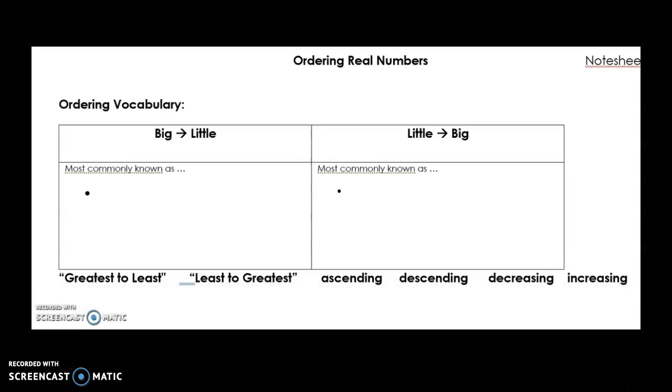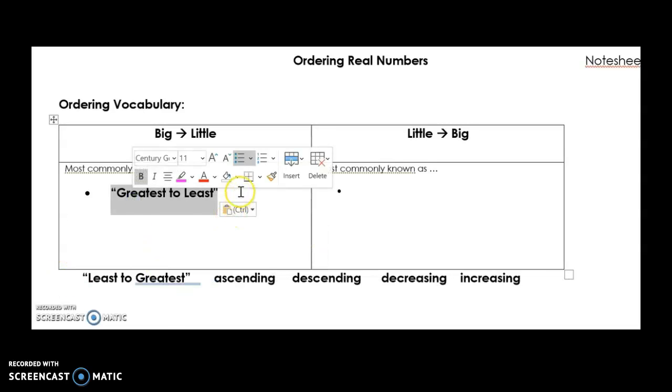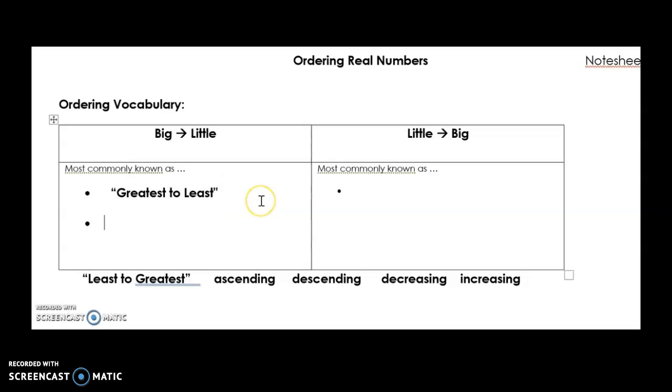So just to go through some vocabulary that's associated with this task, when you're asked to put numbers in order from big number to little number, this is most commonly known as putting them in order, greatest to least. It's also known as, because again, in the English language, there are multiple words that mean the same action.